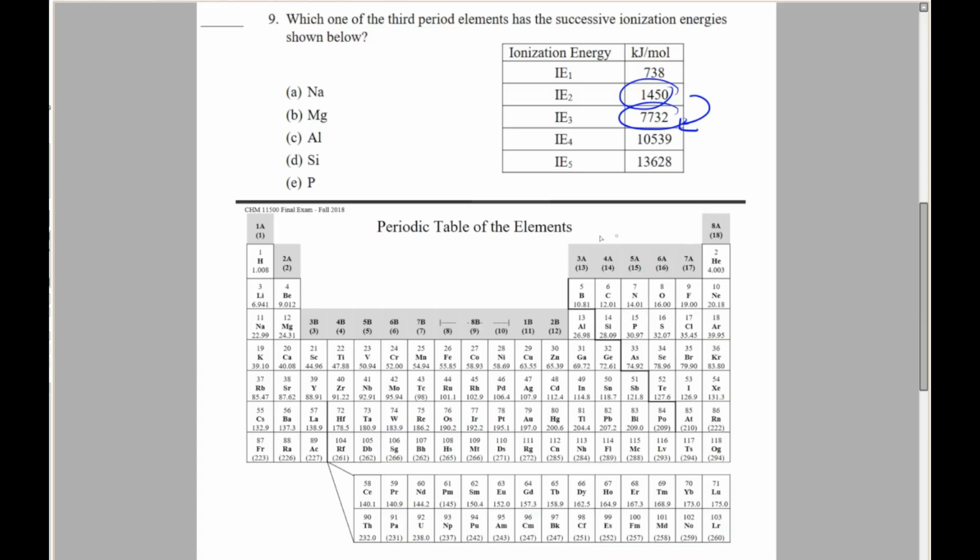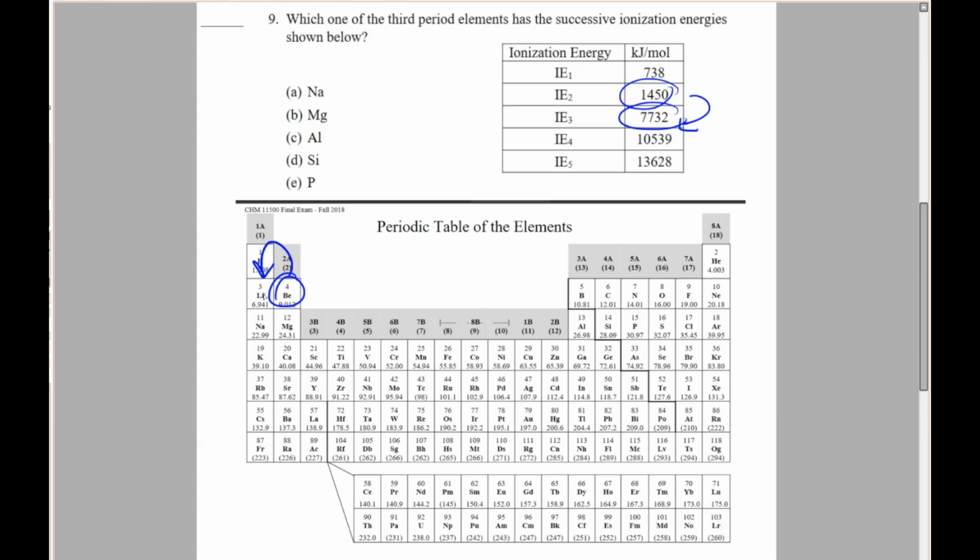Let's say we have beryllium, a group 2 element. The first ionization makes beryllium isoelectronic with lithium. That's not too hard because beryllium doesn't have a full octet, so it's relatively easy to strip away that first electron.